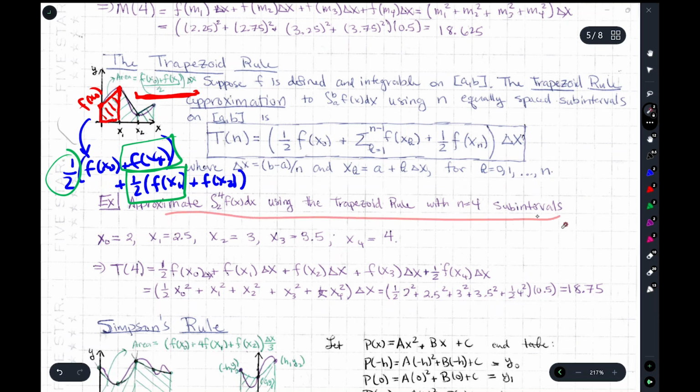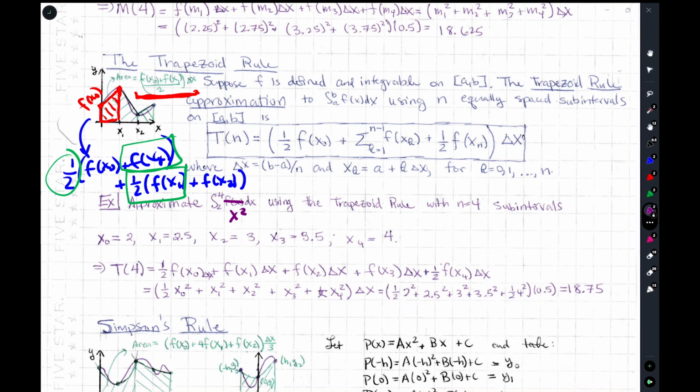And we could take a look at integrating the function that we had above there. So instead of f(x), it should be x squared there. Okay, and if we use this same formula that we see right here for the trapezoid rule, we'll get these terms.